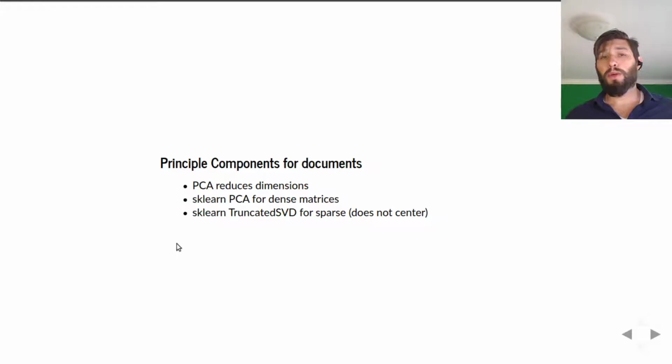So principal components, this is the other thing that we talked about for unsupervised learning. Remember, principal components can be accomplished using the singular value decomposition of the design matrix, right? So you can get the principal components using the SVD. One thing is that getting the SVD for a very large matrix can be very challenging.